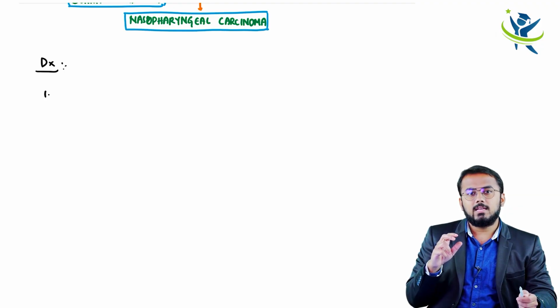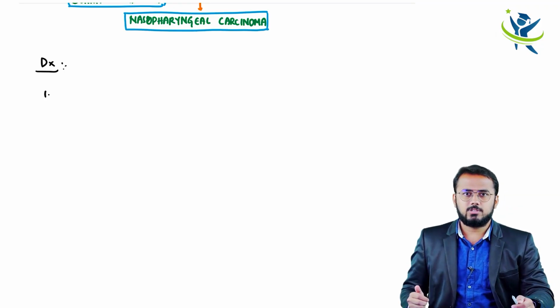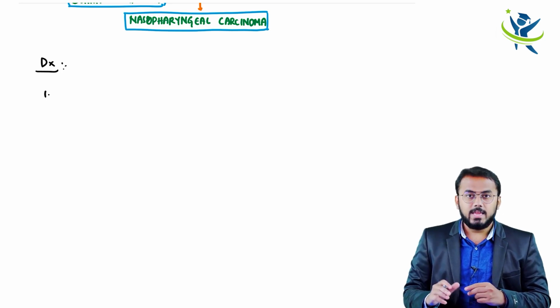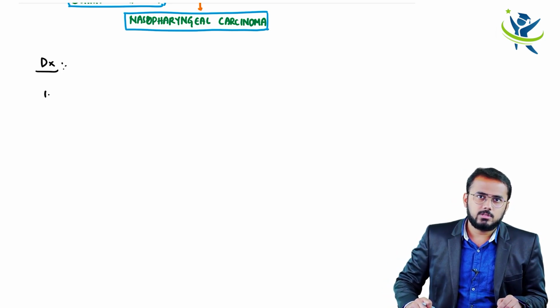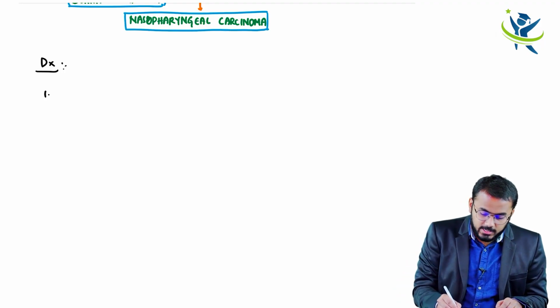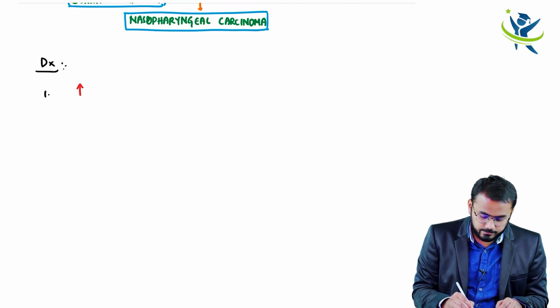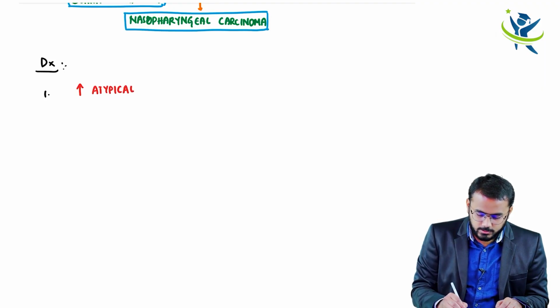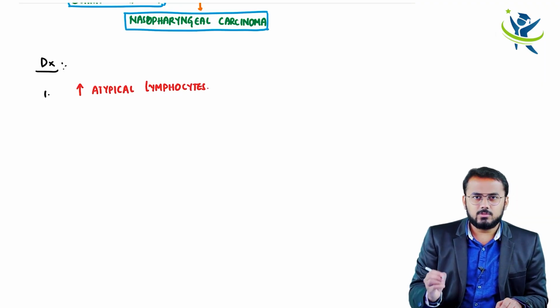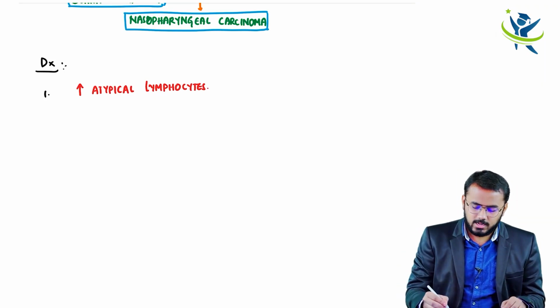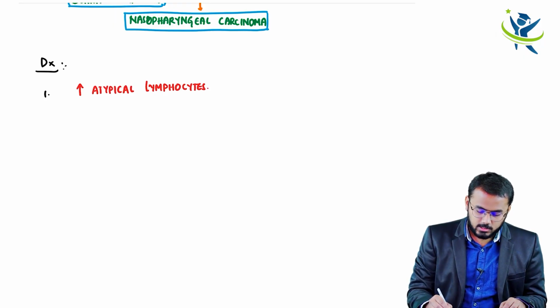These are called atypical lymphocytes. You see atypical lymphocytes in conditions like infectious mononucleosis. So there will be an increase in the level of atypical lymphocytes. Atypical lymphocytes are going to have larger nuclei. I will show it to you anyway, right?